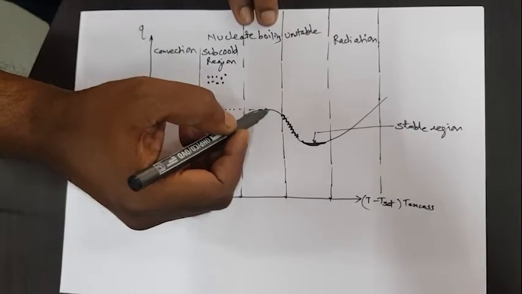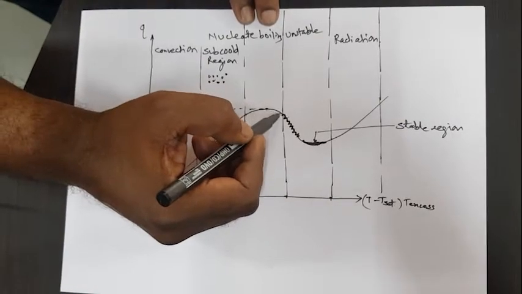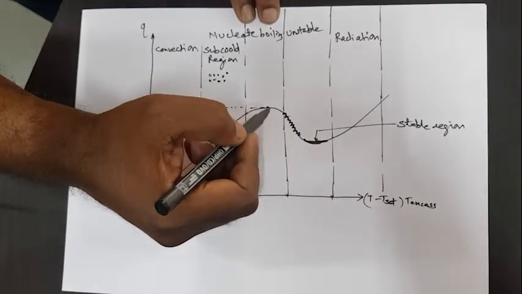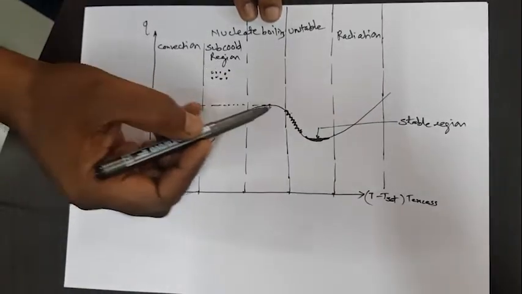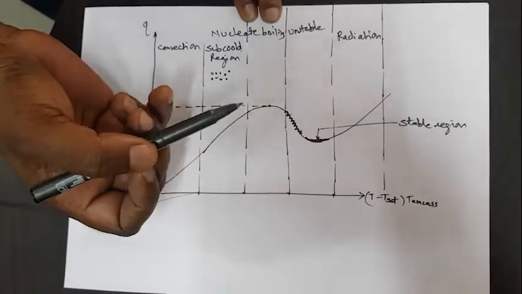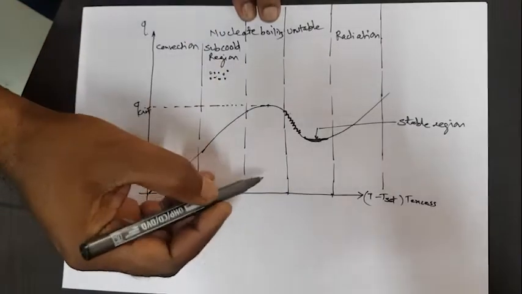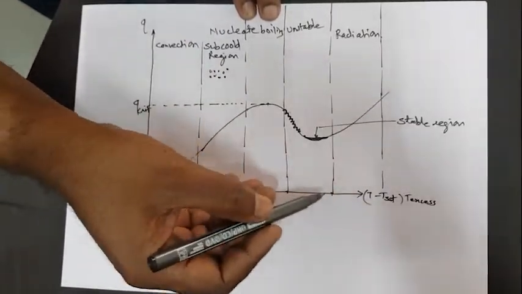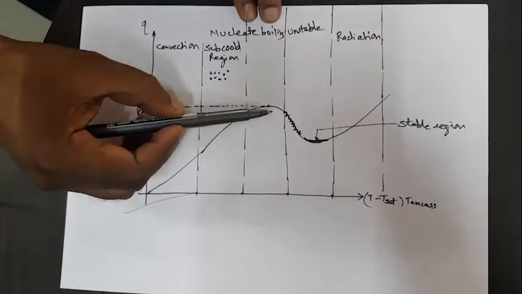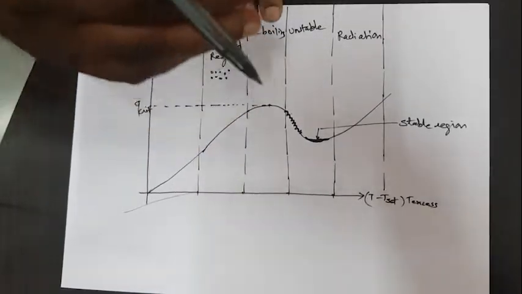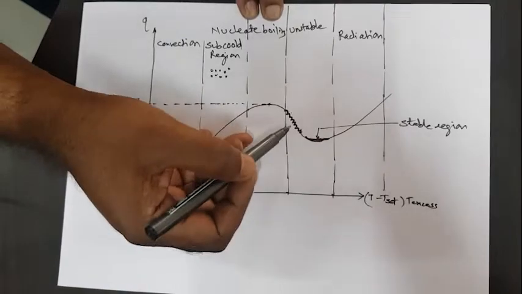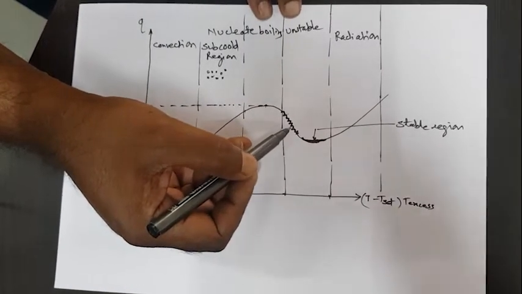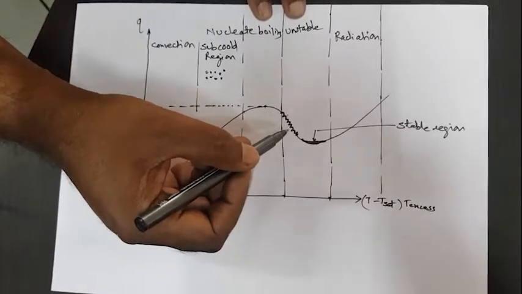Now, after this, the rate of heat transfer, you can see here, goes on decreasing. The reason is the number of bubbles formed on the heating surface keeps on increasing as the excess temperature goes on increasing. Therefore, a large part of the heating surface is now covered by bubbles. And a bubble is nothing but water vapor, isn't it?